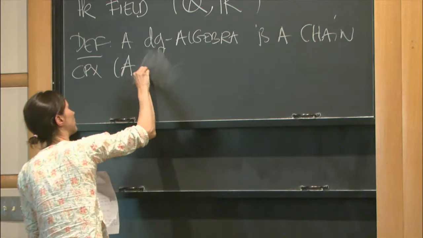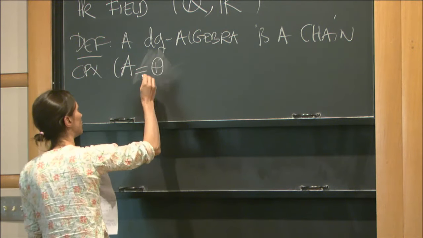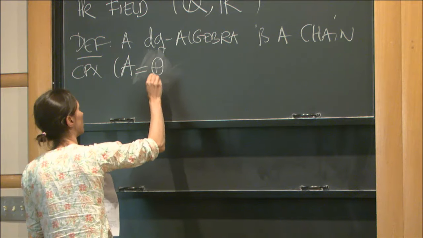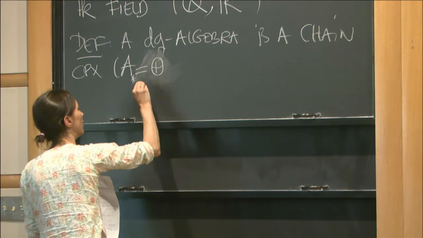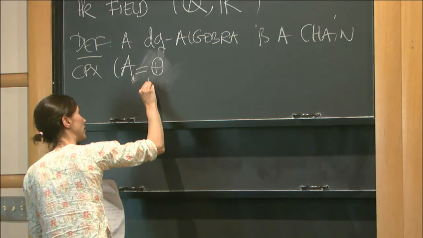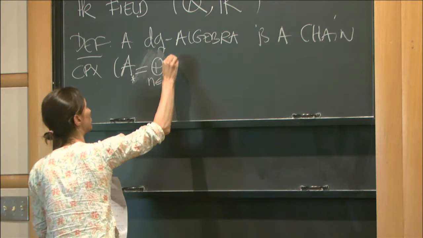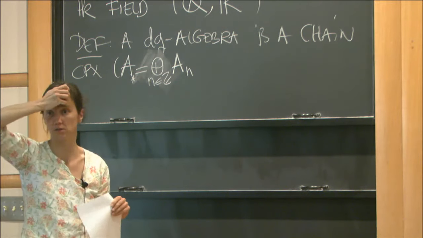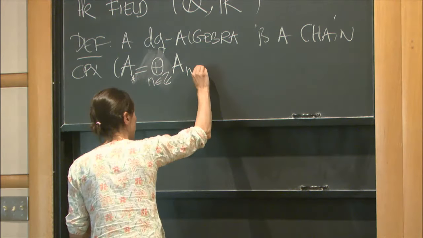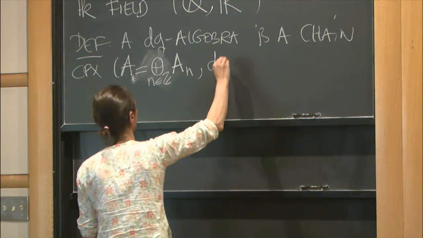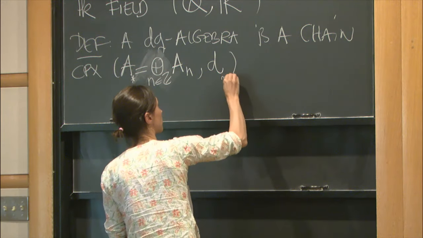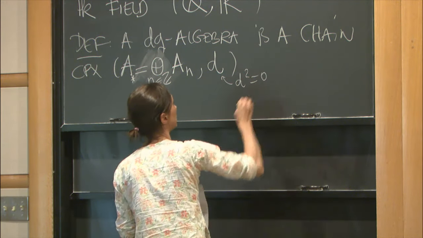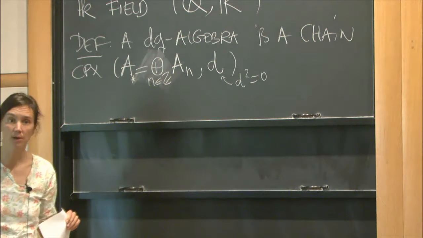A is not necessarily positively graded. It's a sum over n in the integers of A_n, a sum of vector spaces. It's a graded vector space with a differential. This means d squared is 0. Okay, so that's a chain complex.